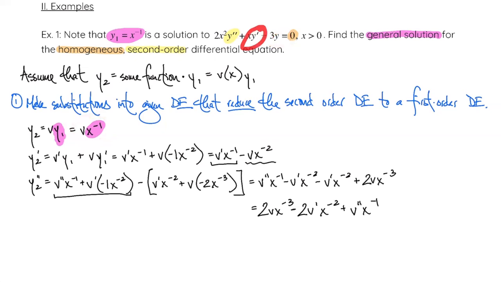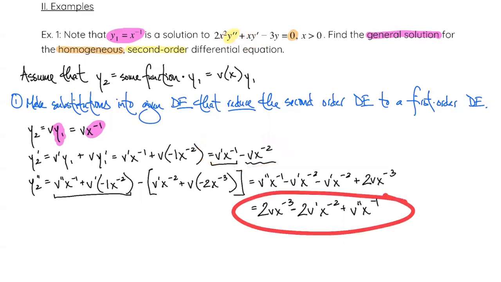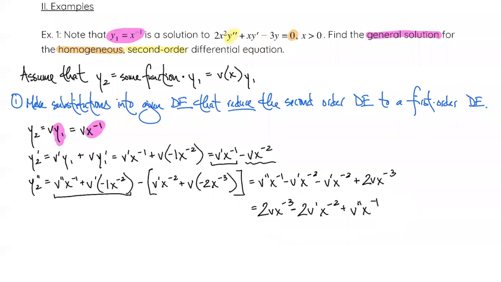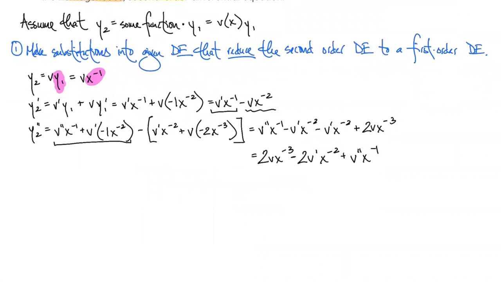Everywhere we see y prime, we're going to put our first derivative. And everywhere we see a y double prime, we'll put this. Okay, so lots of substitutions. Be really careful about this step. So here's sort of our first substitution, our second one.